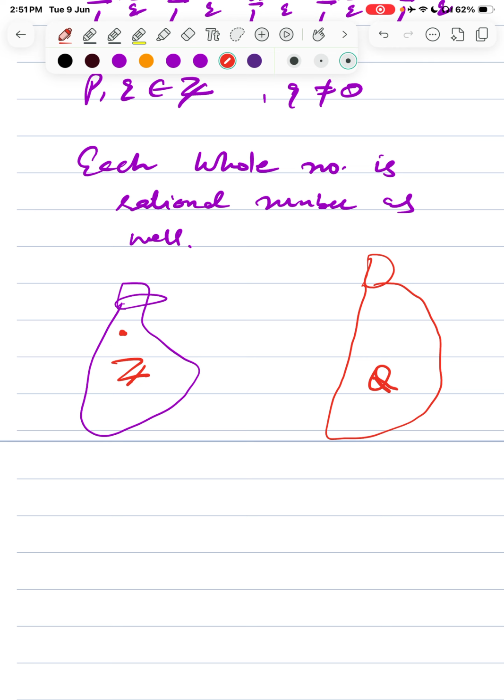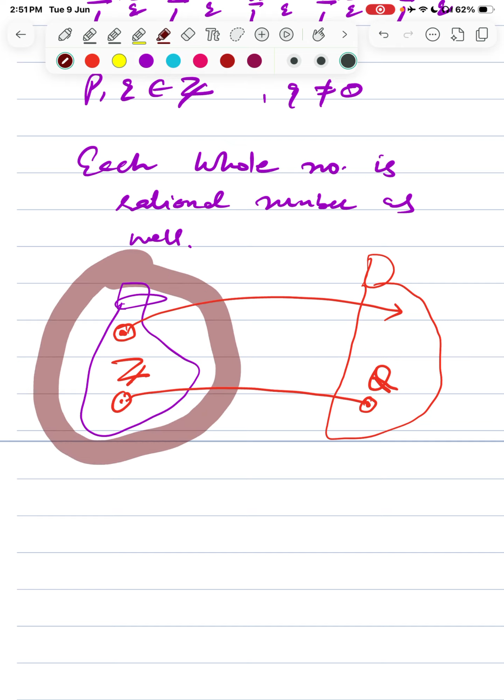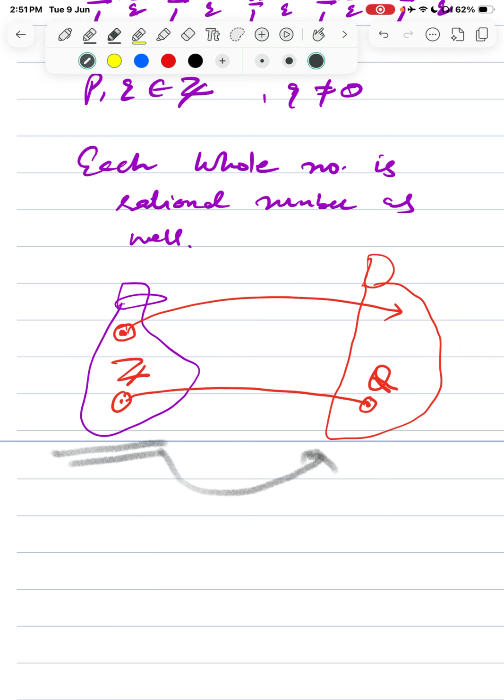You take any element from this set, and you have shown that this element is also here. Take any element in the whole numbers, you have proved above that it is here. So that means this whole set is contained in this set.